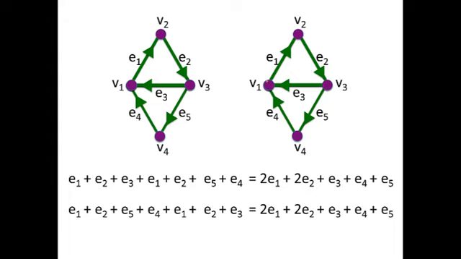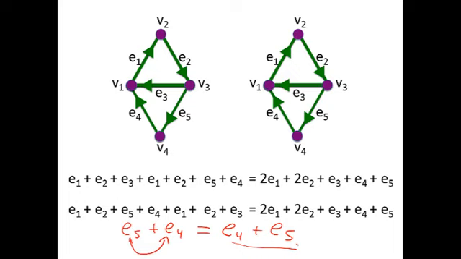Abelian in free abelian group means that we can commute objects. So for example, E5 plus E4 is equal to E4 plus E5. I commuted the edges, i.e. I moved the edges E4 and E5 to get that E5 plus E4 is the same as E4 plus E5.